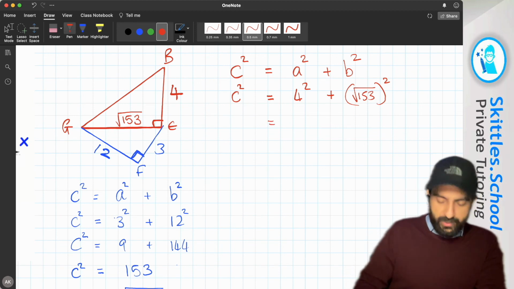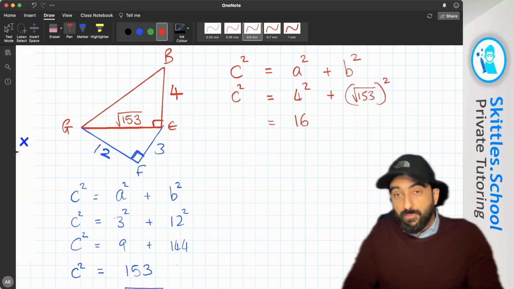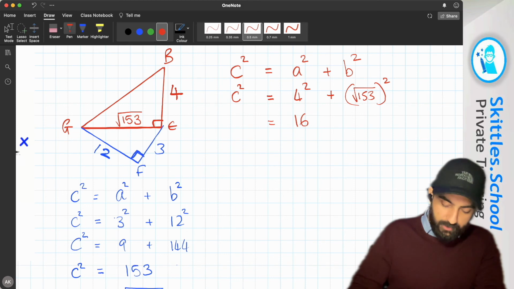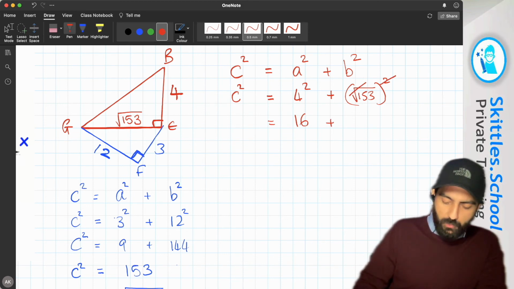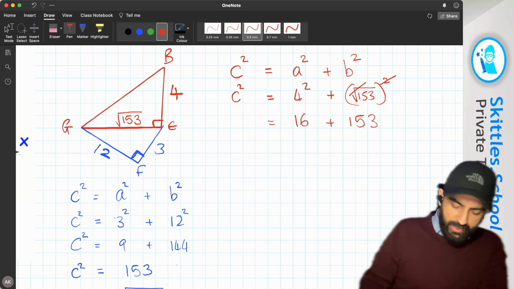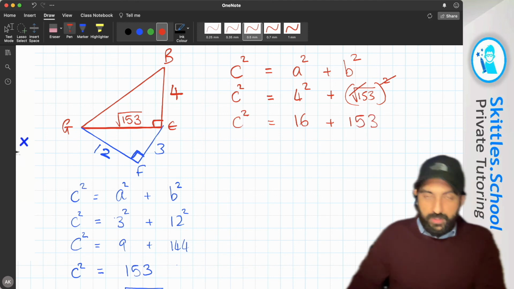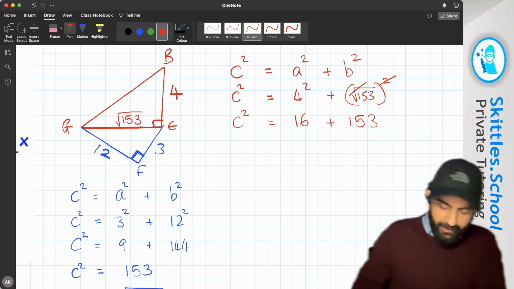So we know what 4 squared is, that's 16. Now the square root and squared cancel out. So that and that both cancel. So we're left with 153. And that's still C squared. 16 add 153 is 169.